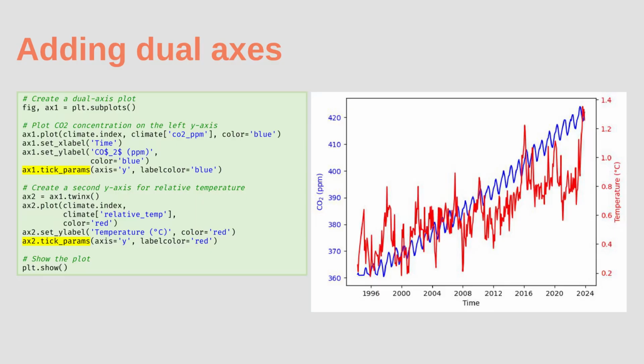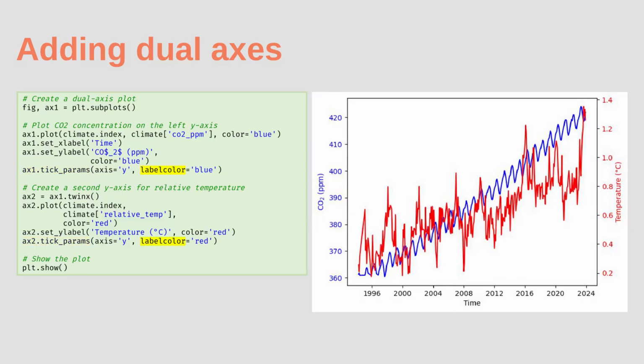We choose a different color for both line and y-axis label. We have also colored the ticks for each axis using the tick_params method and setting the desired colors using the labelcolor argument. In the final plot, each variable has its own distinct color, and the y-axis labels clearly show which scale belongs to which variable.